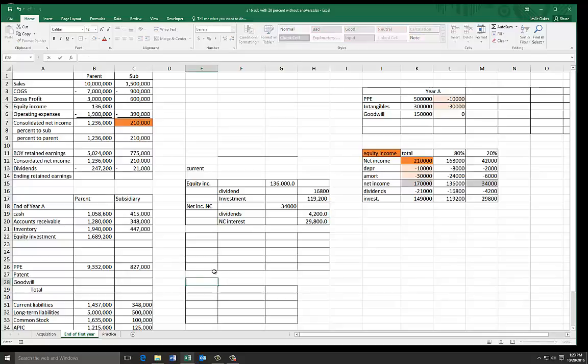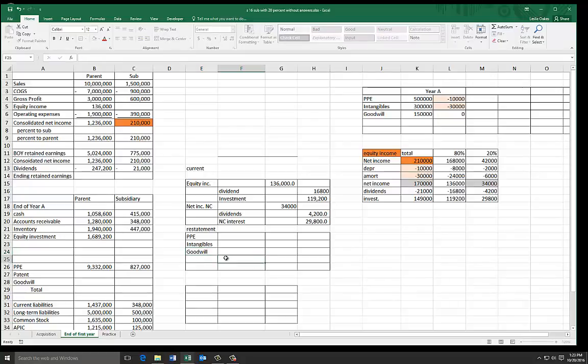Now, we also need to do the restatement. And by that, we're going to increase the property, plant, and equipment. We're going to recognize those intangibles. We're going to recognize the goodwill.